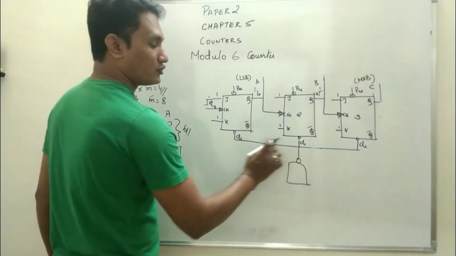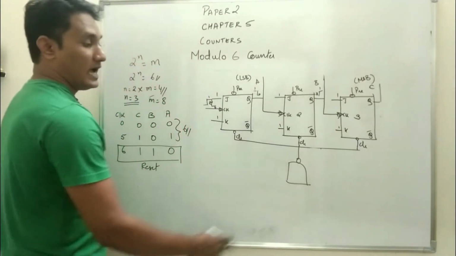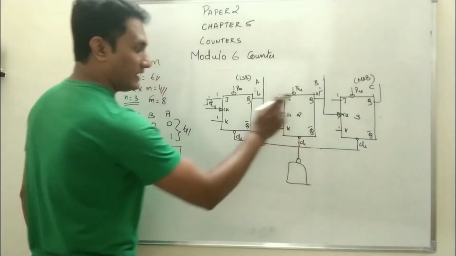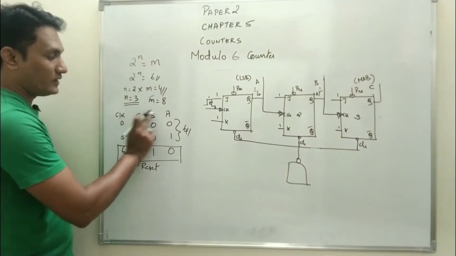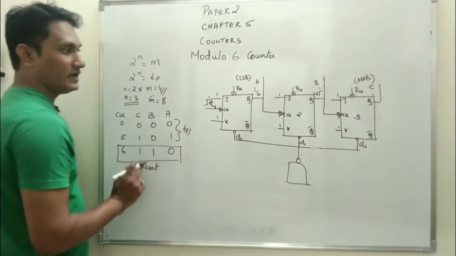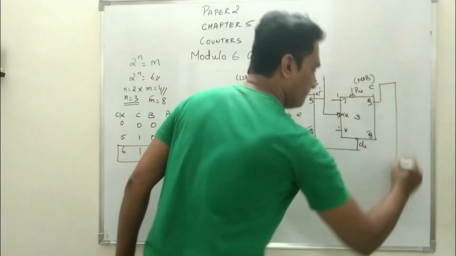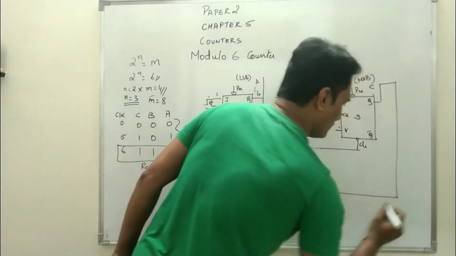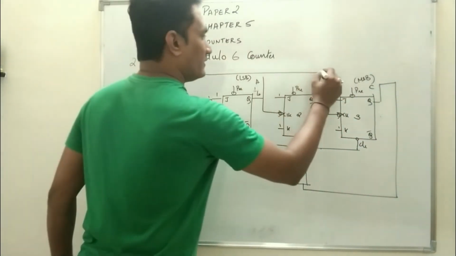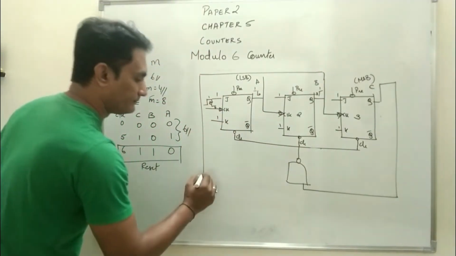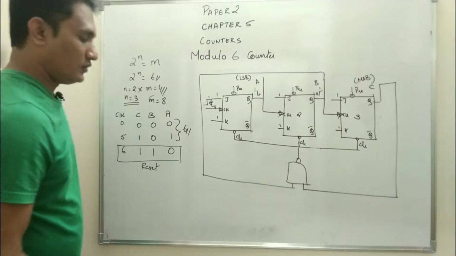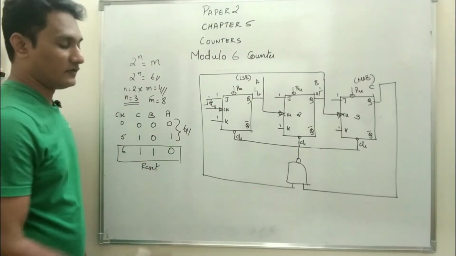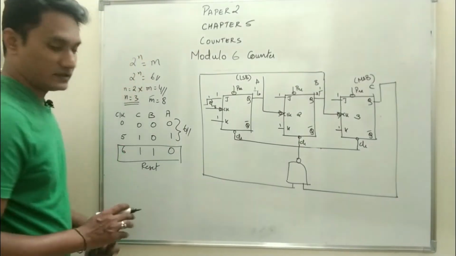The NAND gate's output should be connected to the clear terminals, and the inputs for the NAND gate you decide by this bracket. You have to see which variables are 1: C and B are 1. So you connect C and you connect B.